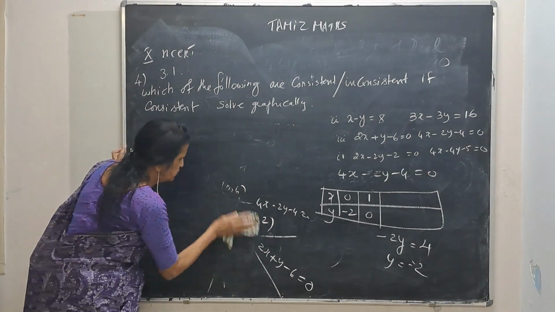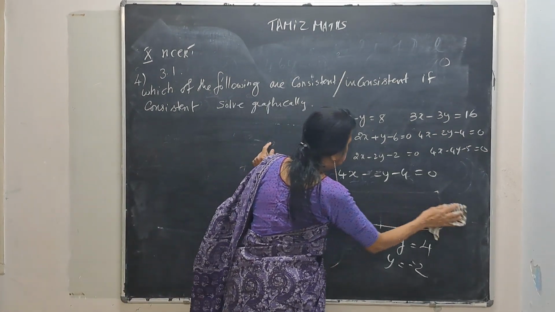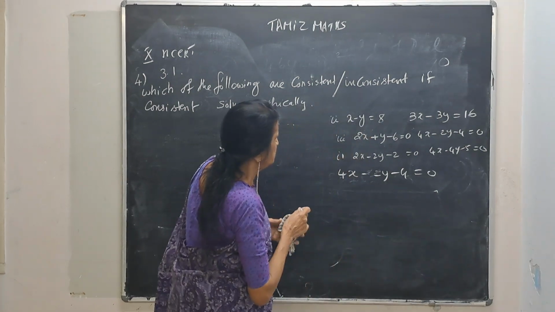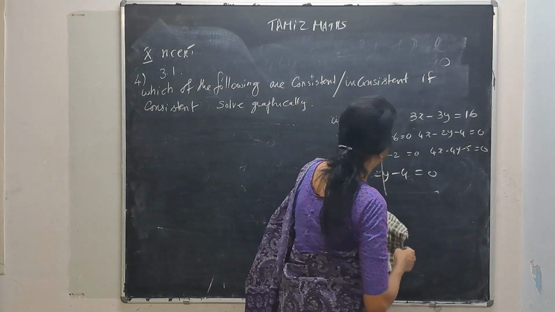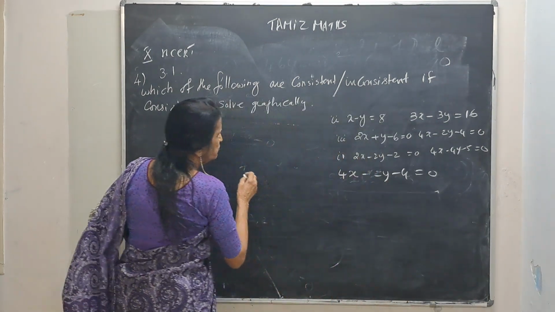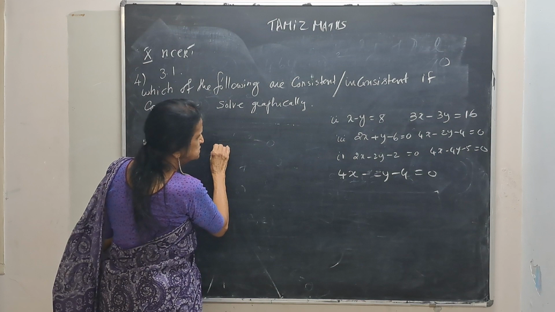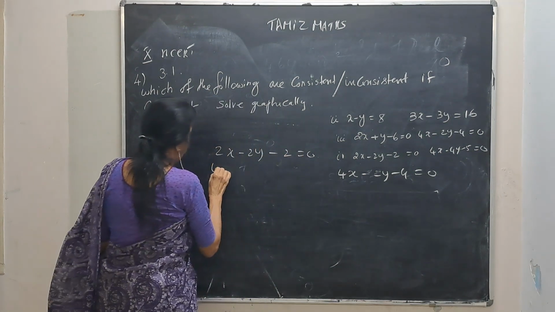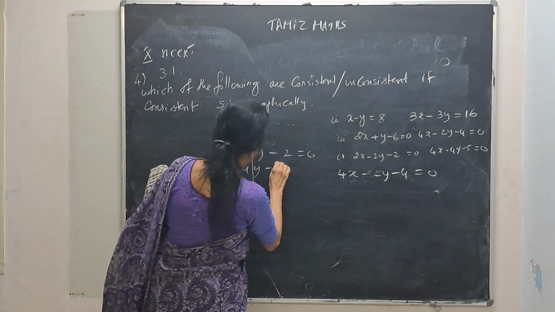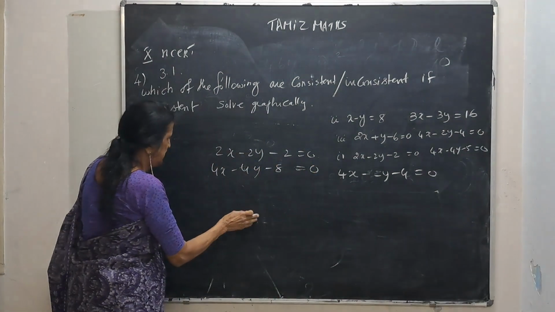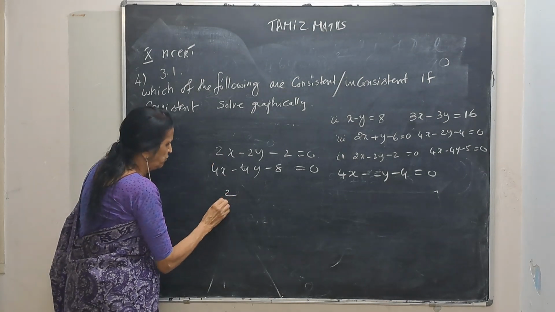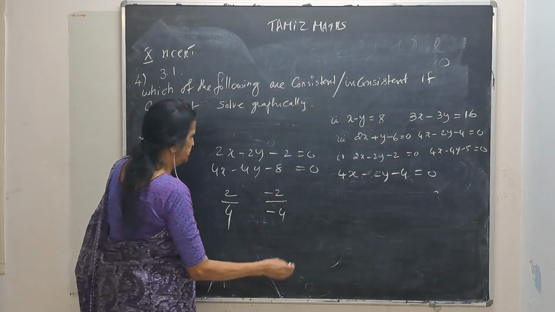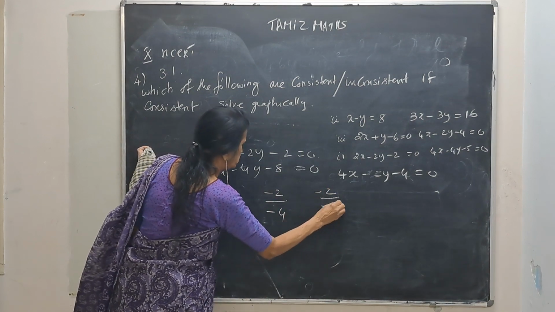Now the last question. 2x minus 2y minus 2 is 0, and 4x minus 4y minus 8 is equal to 0. a1 by a2 is 2 by 4, b1 by b2 is minus 2 by minus 4, c1 by c2.